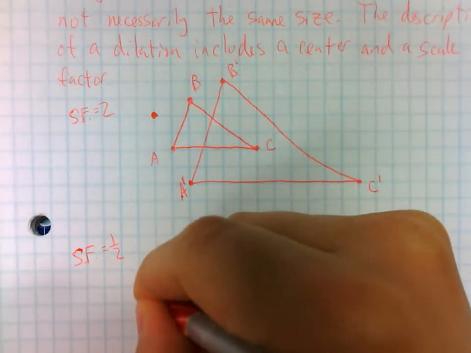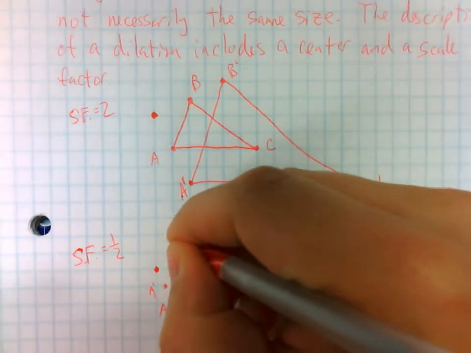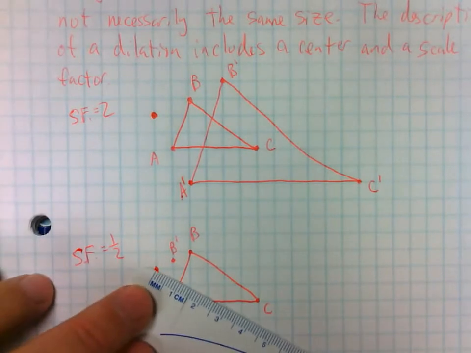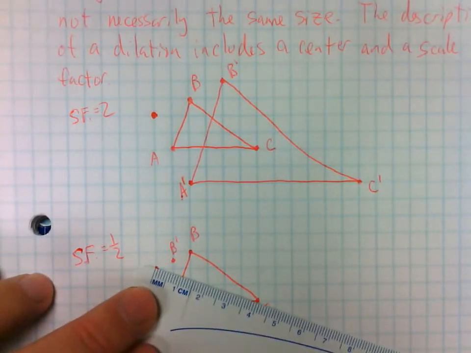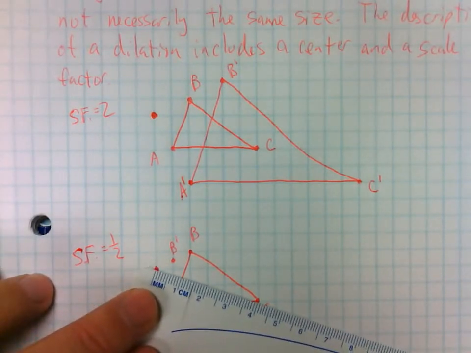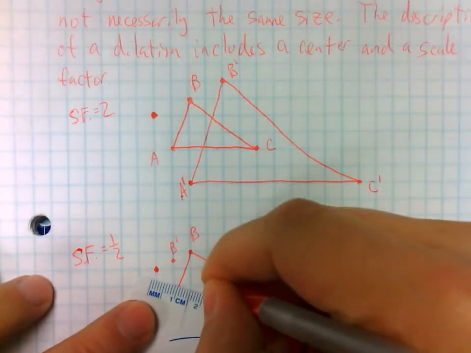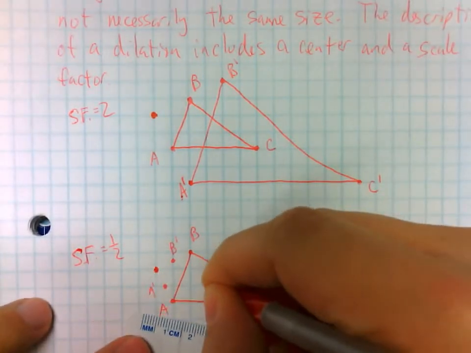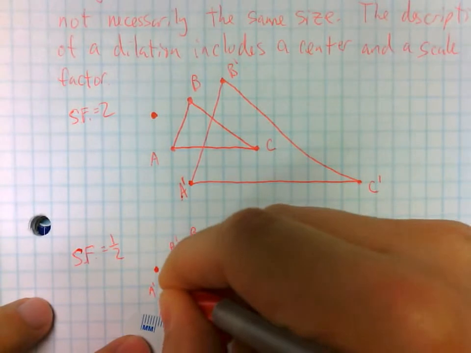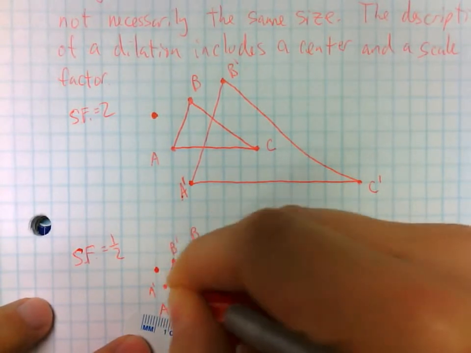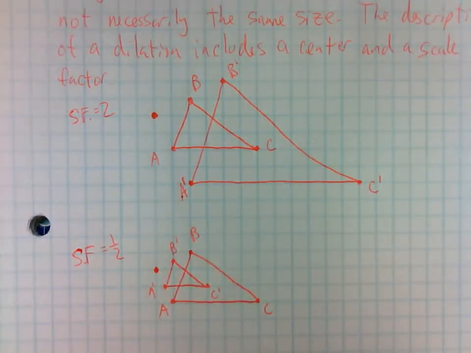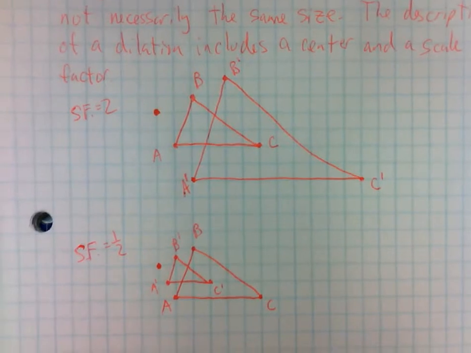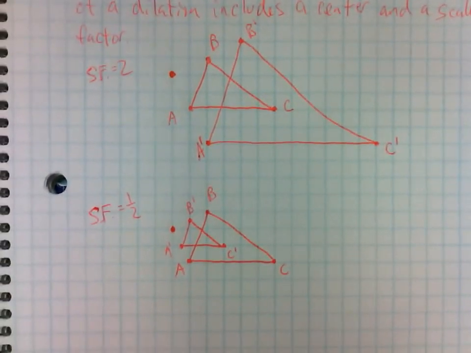Here's where A prime is going to be. There's B prime. Alright, C was almost exactly 4, so it's going to be almost exactly 2. C prime. Okay, so a scale factor of 1/2 made it half as big.